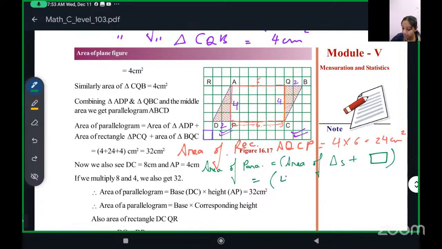Area of triangle is 4 plus 4 plus 24. Now we will get 32 centimeters square. This way we will find out the area of the parallelogram on a graph.